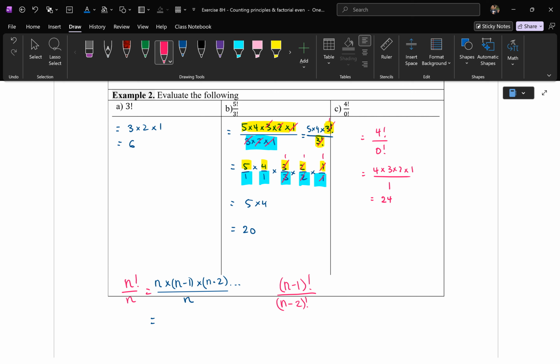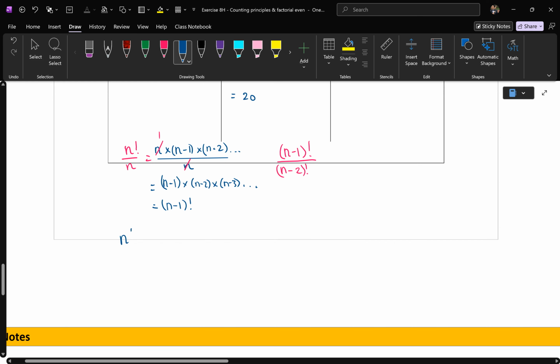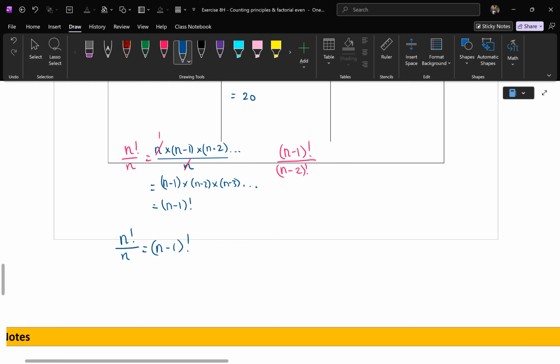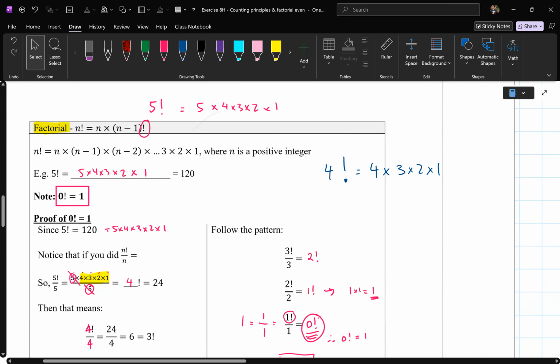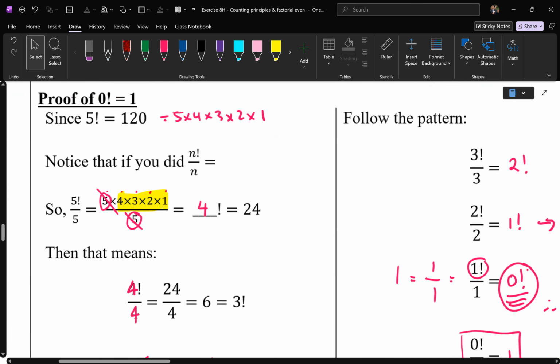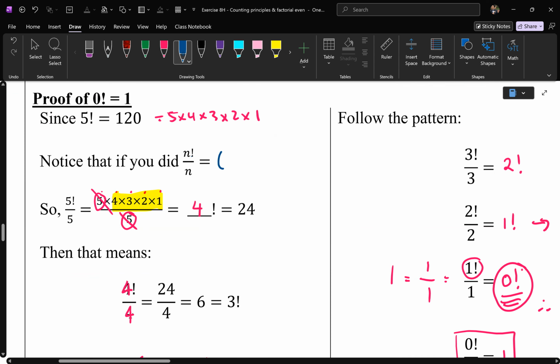So notice that when you're dividing, n divided by n cancels out, and so you actually end up with n minus 1 times n minus 2 times n minus 3, and it goes on, which we can just write as n minus 1 factorial. So that means when you take n factorial divided by n, you end up with n minus 1 factorial, which is the one I was trying to prove over here. N factorial divided by n should actually be n minus 1 factorial.